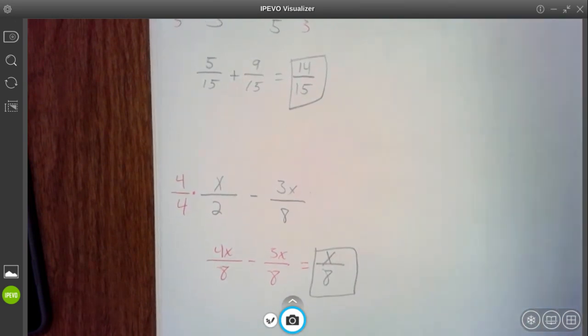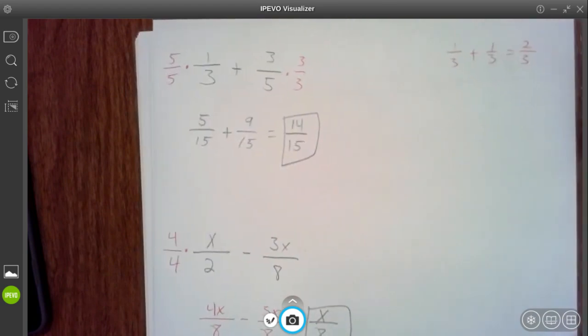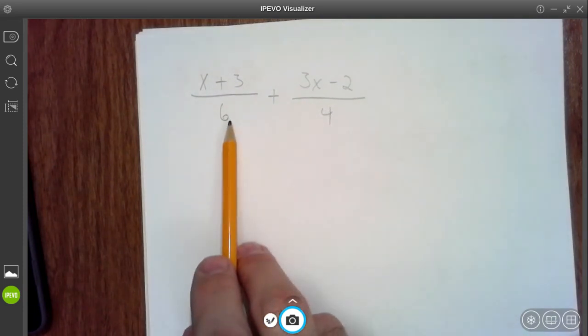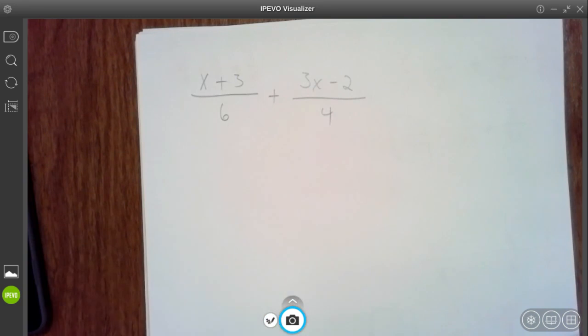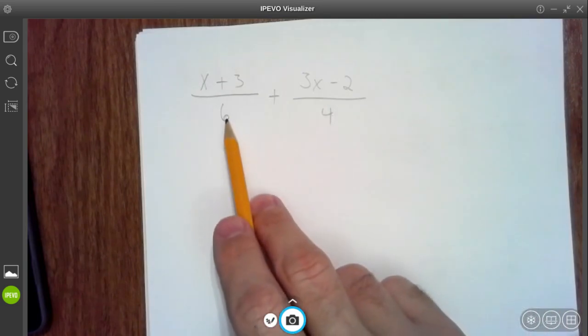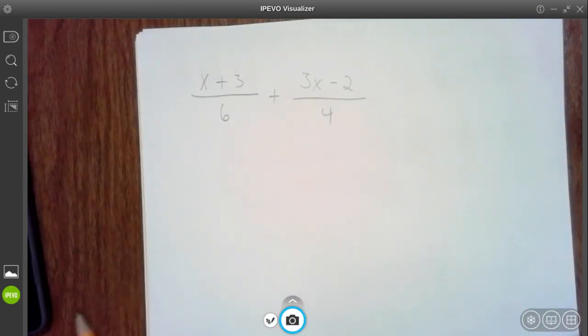We'll do one more here. Okay. The common denominator for 6 and 4. So we want a multiple that they both have in common. The smallest one is going to be 12. So if I do 6 times 2, that'll give me 12.